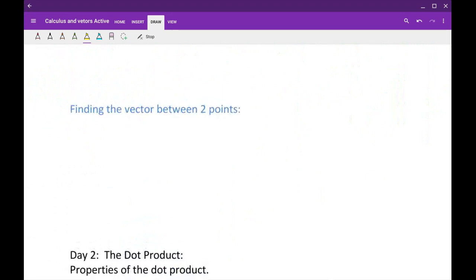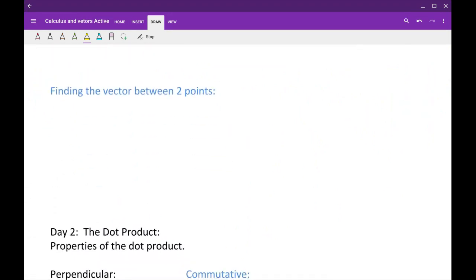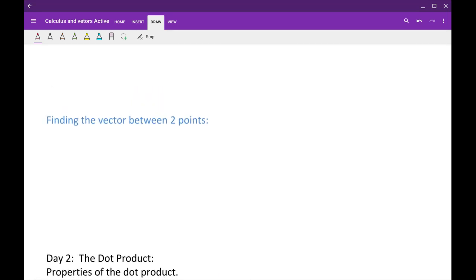Okay, here's another helpful operation: finding the vector between two points. So remember what points are. I'm going to have two points here. In this unit, a point would be (x1, y1), and then another point could be (x2, y2).